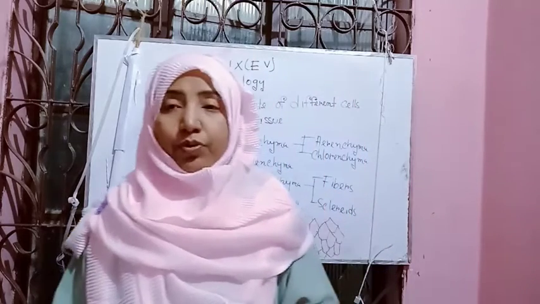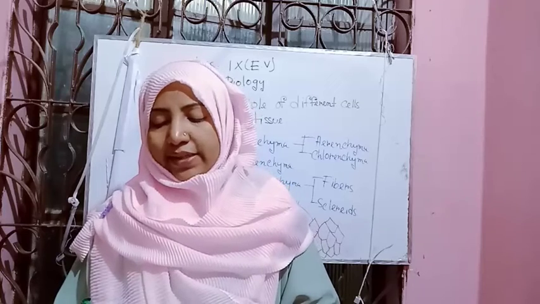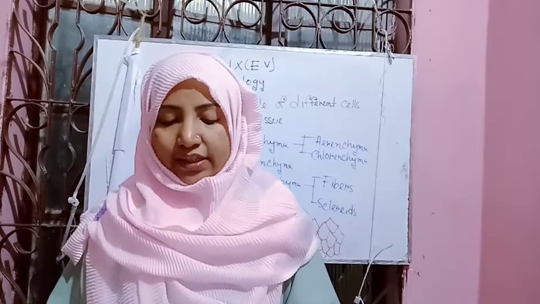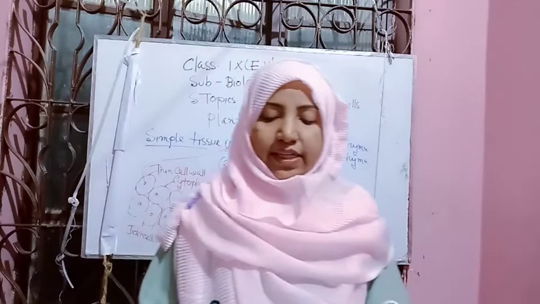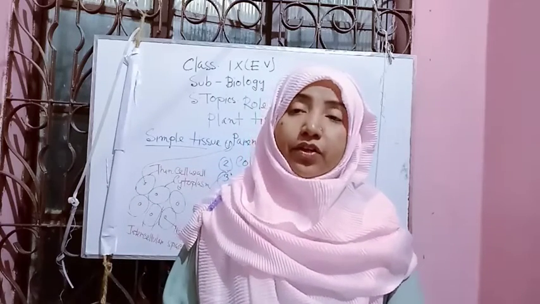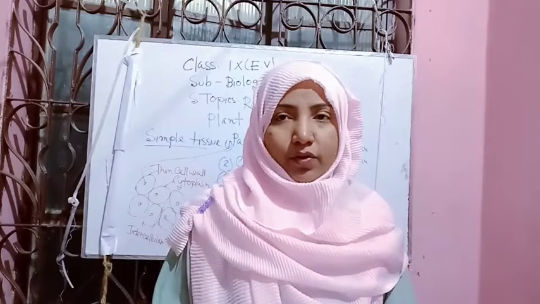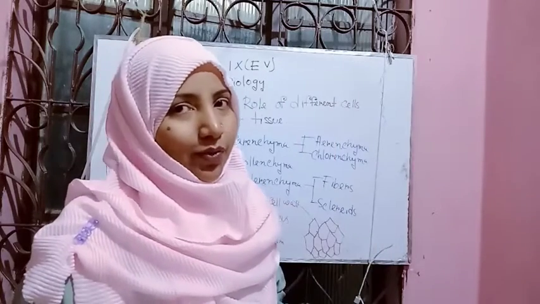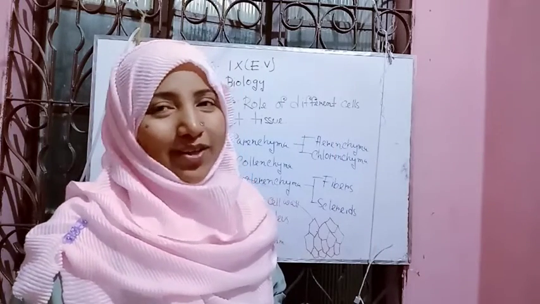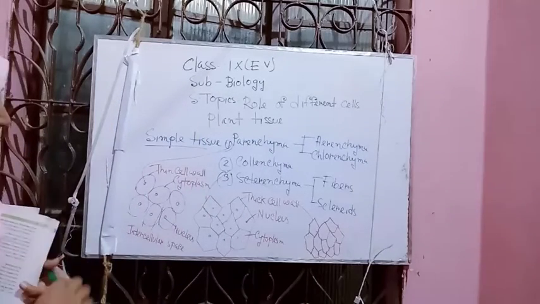First, simple tissue. The permanent tissue which contains cells of the same shape, size and structure is called simple tissue. On the basis of the nature of cells, simple tissues are divided into three types. First is the parenchyma, second is the collenchyma and third is the sclerenchyma. Now we are going to the first structure, the parenchyma.